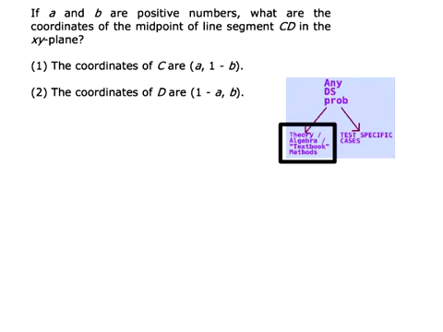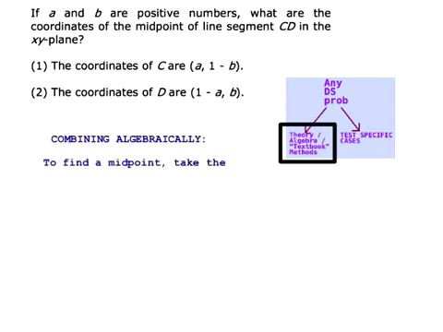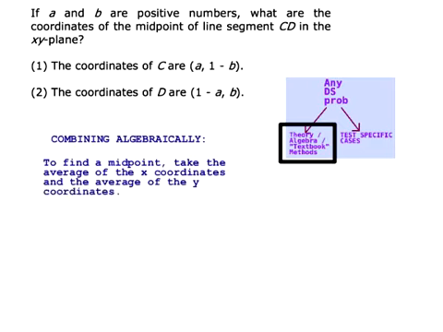Let's say you want to take an algebraic approach. So you have the coordinates of C, which are A, comma 1 minus B, and D is 1 minus A, comma B. To find the midpoint, just take the average of the x coordinates and the average of the y coordinates.